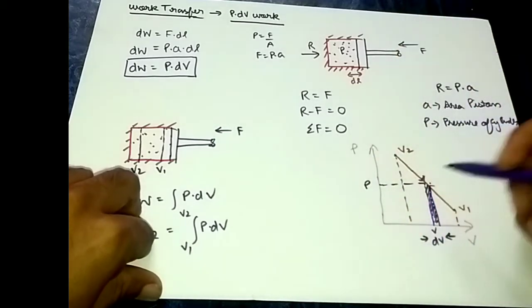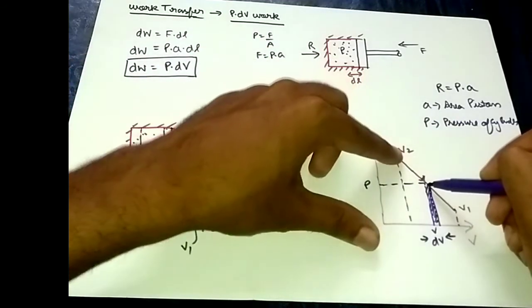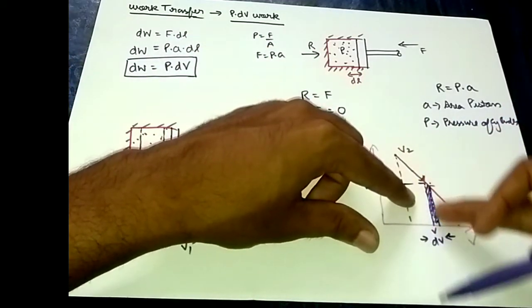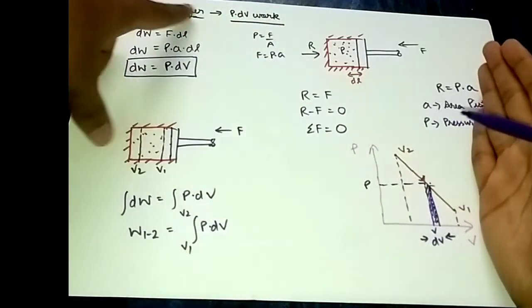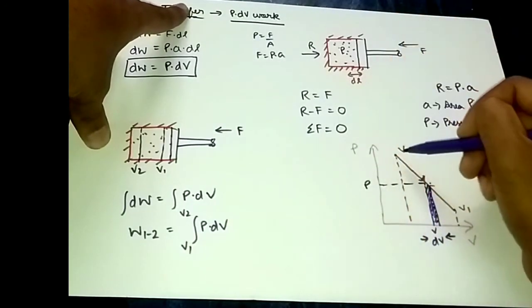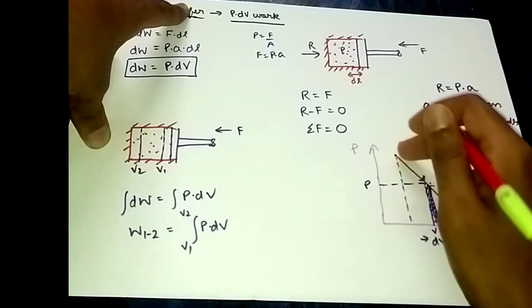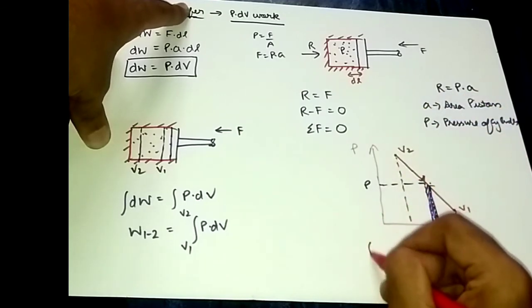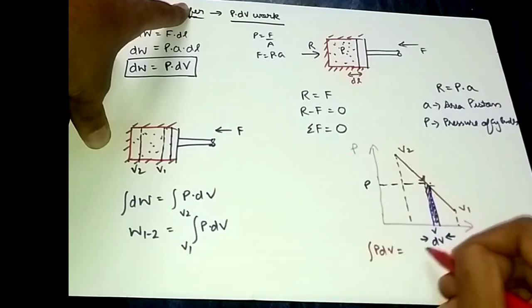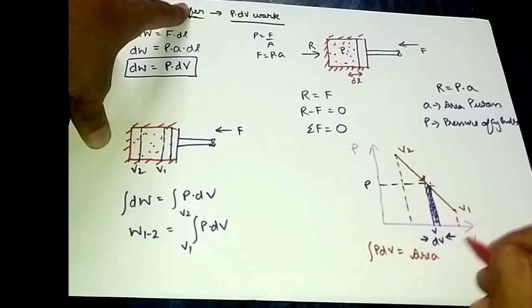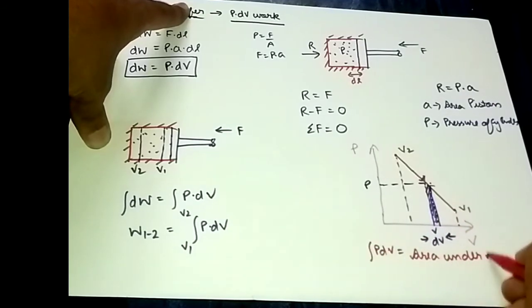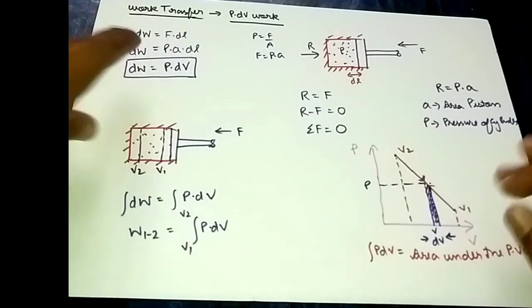To know the work under the whole graph, from V1 to V2, the work transfer will be the area under the PV diagram. So integral PdV is nothing but the area under the PV diagram. I hope this is clear for you.